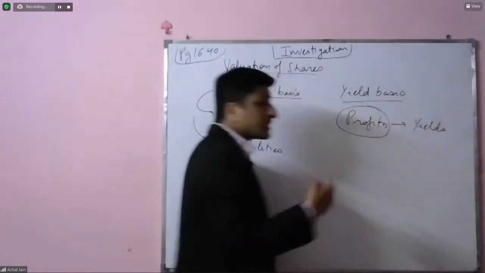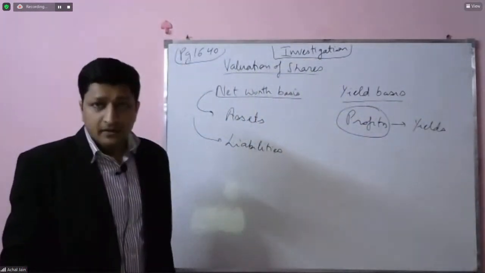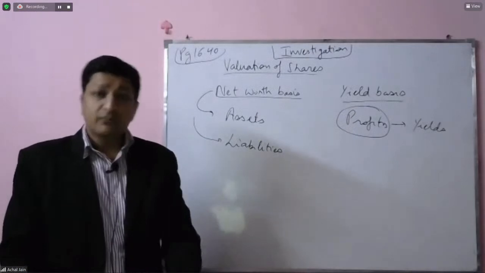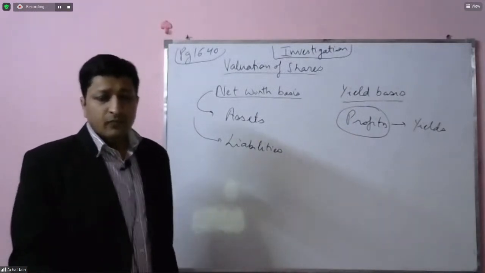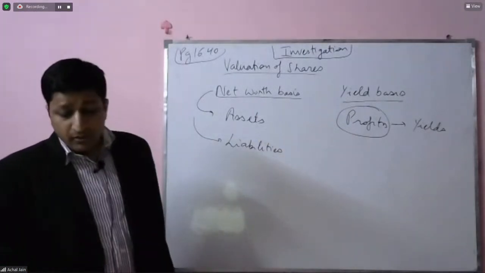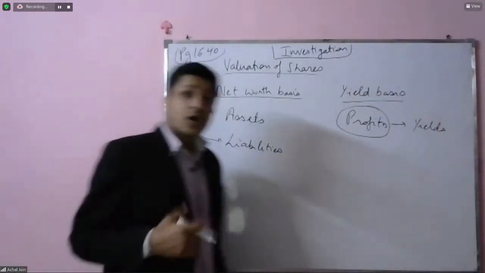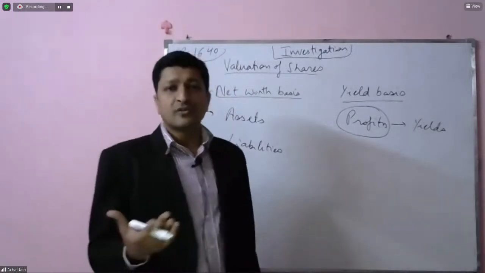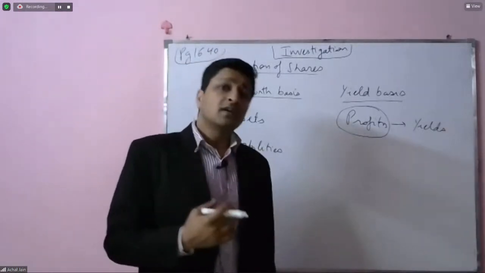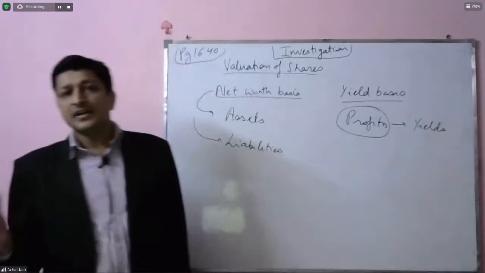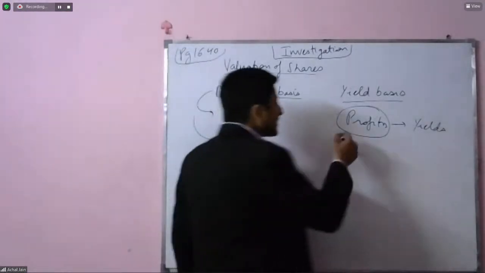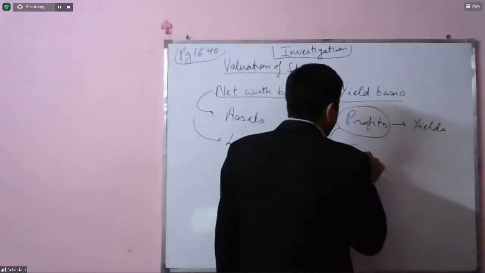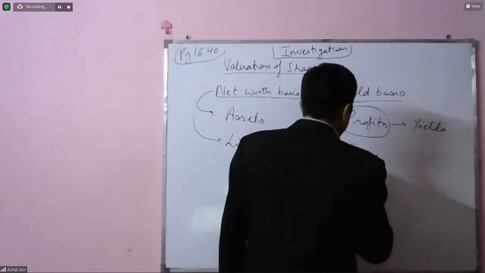So once again, we come down to the same thing for the assessment. And what is that same thing? Once again, we come down to how the profits have been generated. What has been the basis of profit generation? What are the profits which are going to be generated in future? So once again, we are getting into the same thing, and that is future projections.